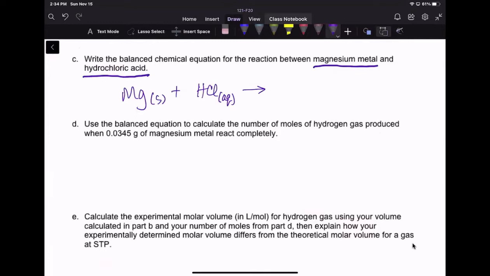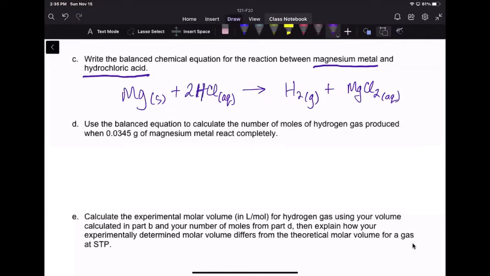And hydrogen comes in its elemental form as a diatomic gas. And that magnesium is going to form an ionic compound with the chloride ions. All chlorides are soluble except with silver, lead, and mercury. So now we have to balance it, and it looks like 2 of those.